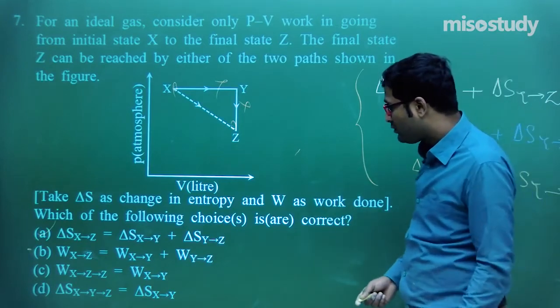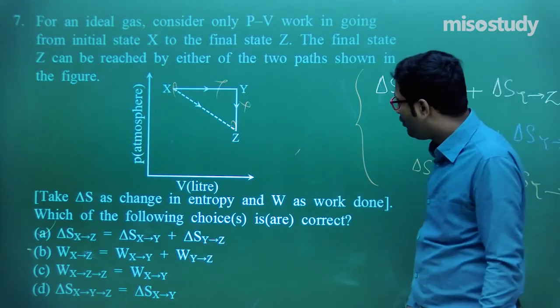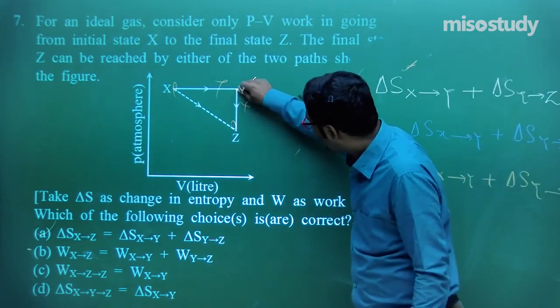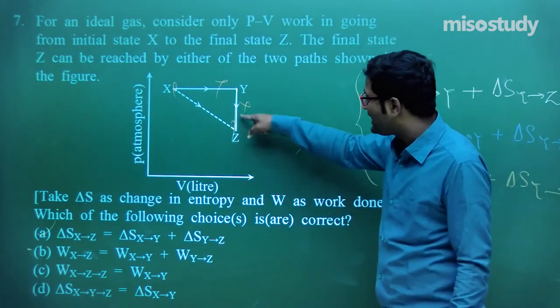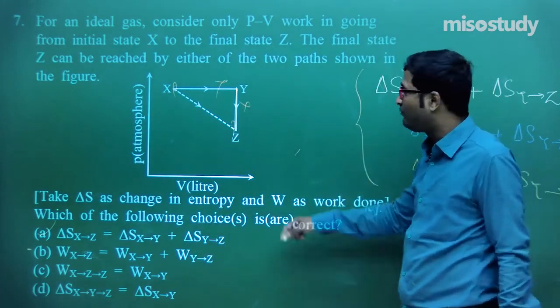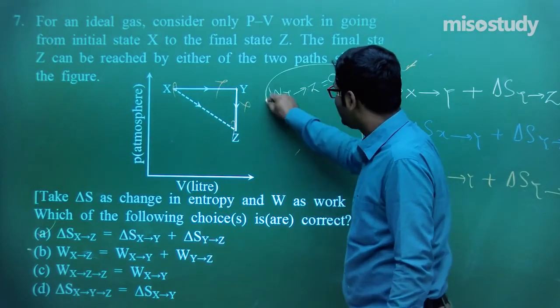If I talk about Wxz, Wxy plus Wyz, and the work done in Wyz, look here, there is no change in volume. If there is no change in volume, we know the work is equal to 0.